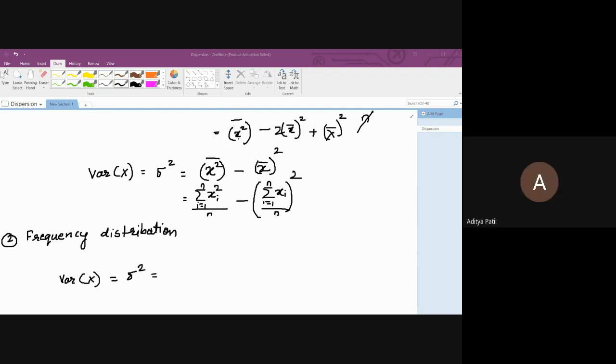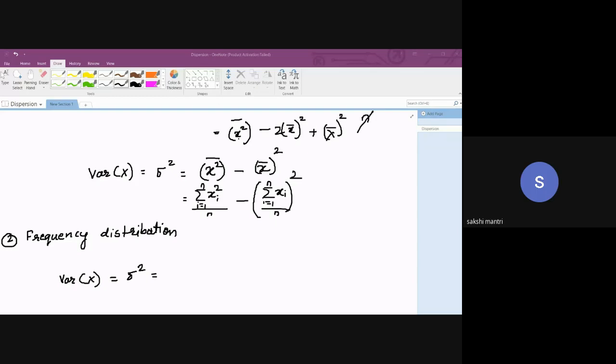Others? I can try. Yes, Aditya, please. Summation of fi square xi square upon summation of fi, minus in bracket summation of fi xi bracket square upon summation of fi.